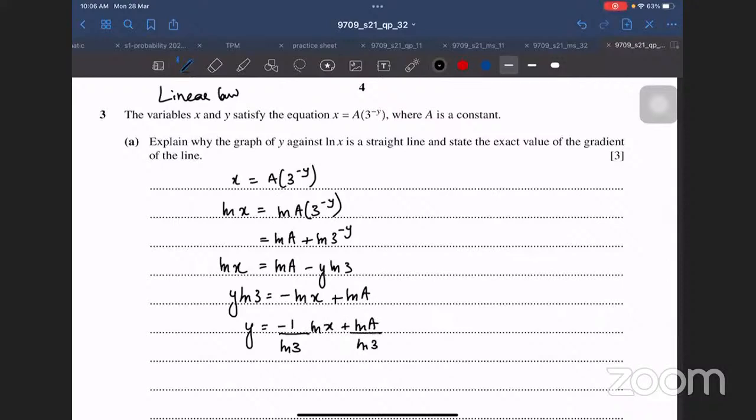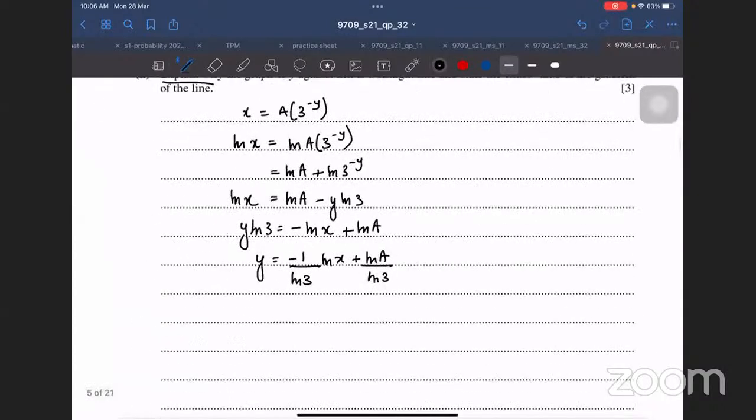Now, in order to explain this, what you need to do is say that you've expressed it in the form Y equals mX plus c, where capital Y represents the y-axis, and I can see y plotted on it. Capital X represents the x-axis and is equal to ln x.